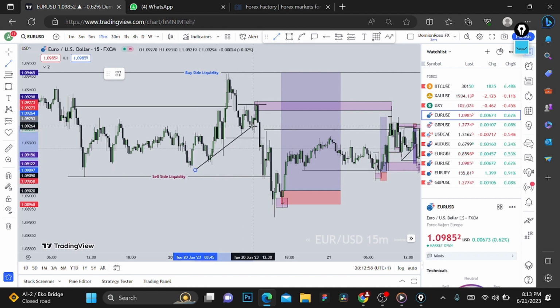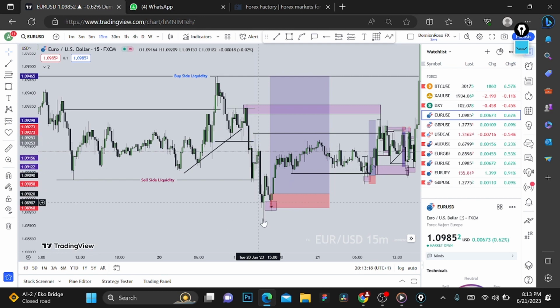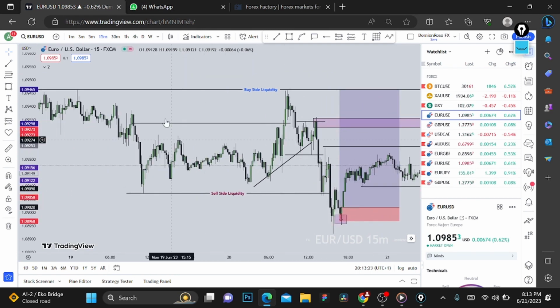All these touching the trend line are a build up of liquidity orders right here. Definitely, the market will take them out. So the market took these guys out from another equal lows, took the trend line guys out from equal lows here, went up, then finally took the equal lows out.